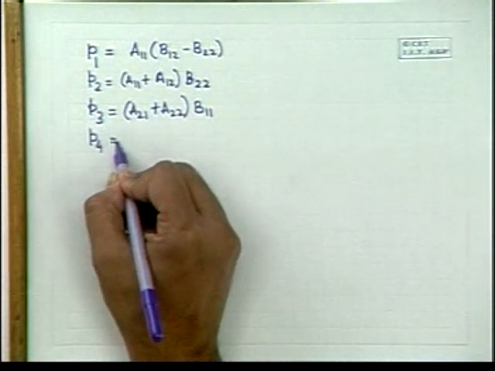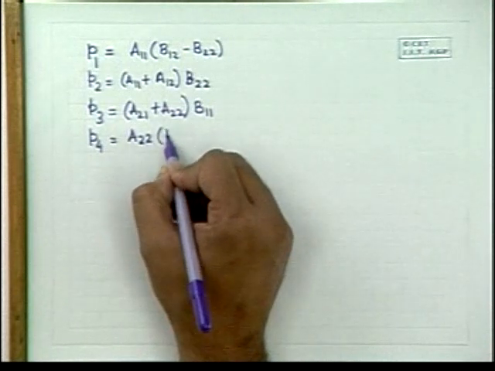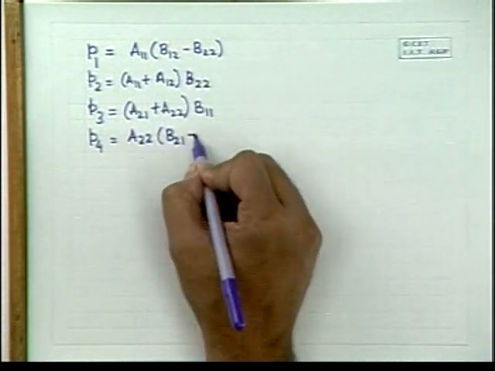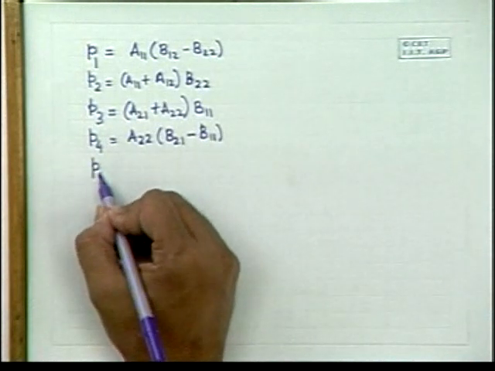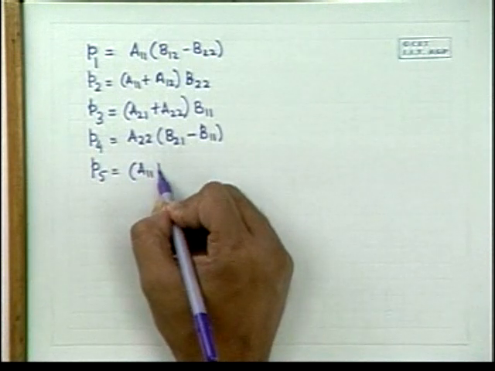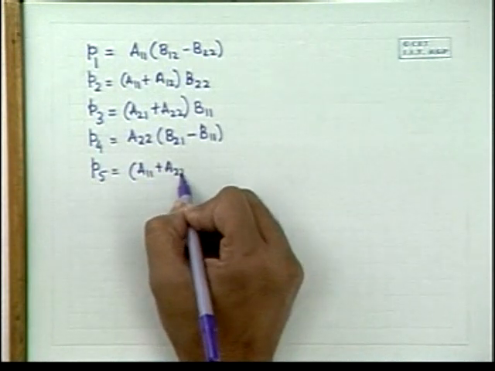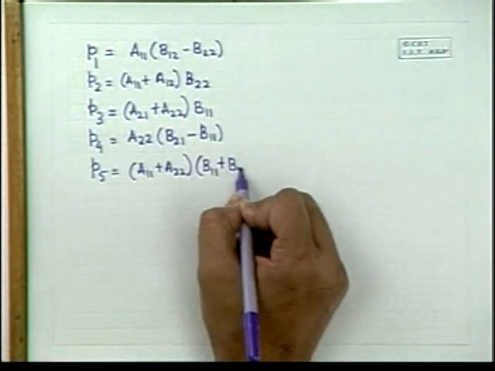P4 is A22 times (B21 minus B11). P5 is (A11 plus A22) times (B11 plus B22).